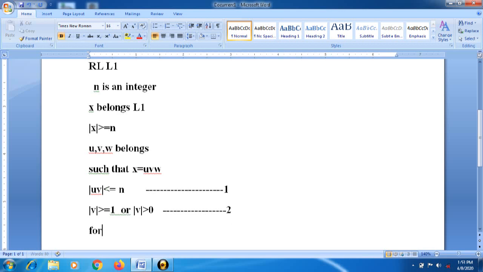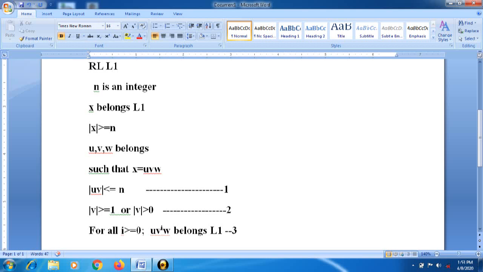And for all i greater than or equal to 0, where u v raised to i w, and that i is the value which we have considered over here, whenever we replace v in terms of i, that string must belong to the given regular language, and this is our third condition.